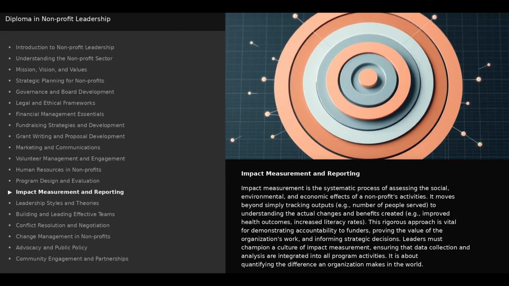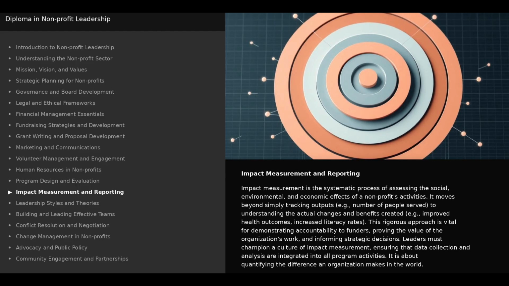Impact measurement and reporting. Impact measurement is the systematic process of assessing the social, environmental, and economic effects of a nonprofit's activities. It moves beyond simply tracking outputs, for example, number of people served, to understanding the actual changes and benefits created, for example, improved health outcomes, increased literacy rates.